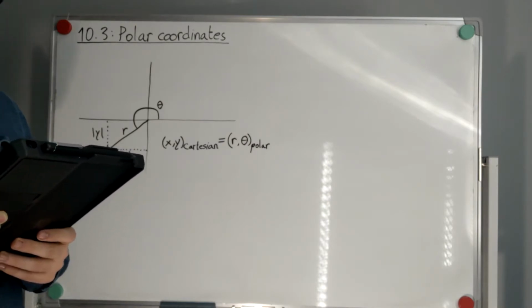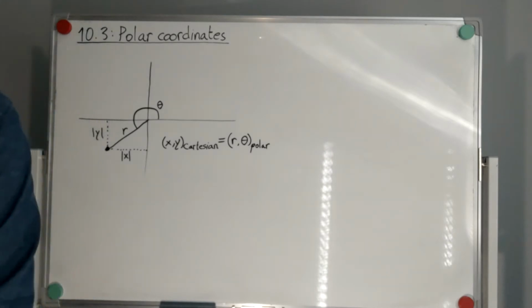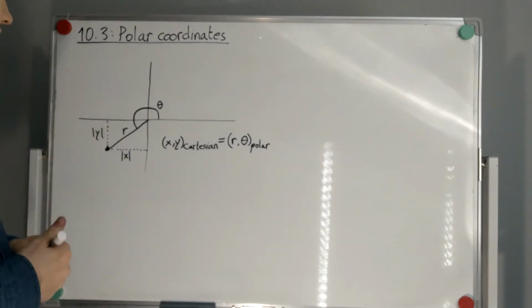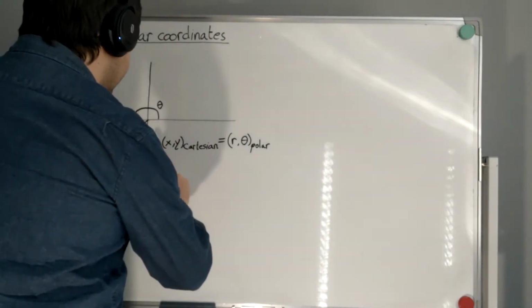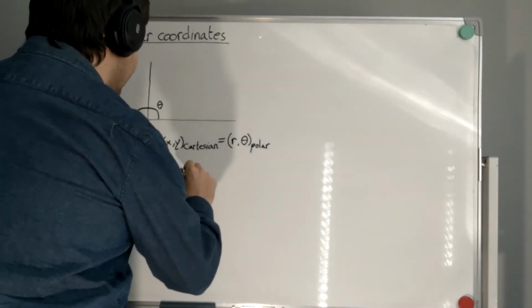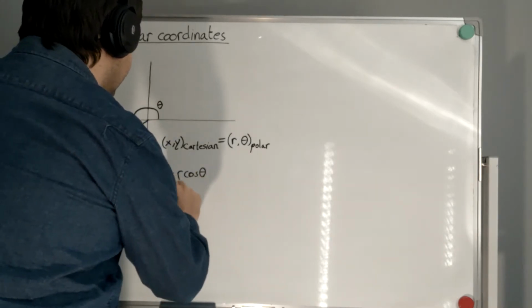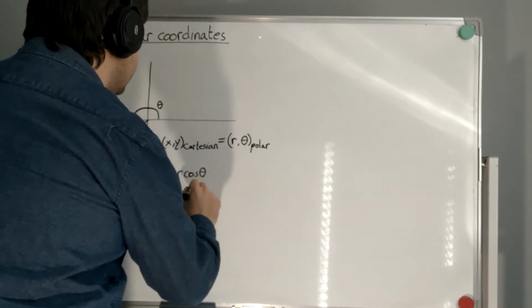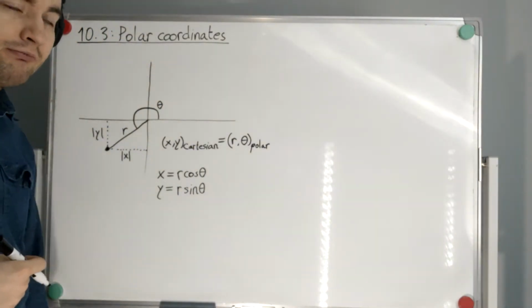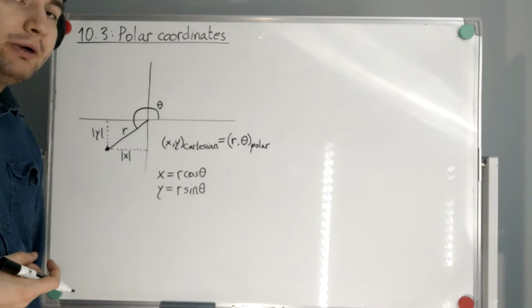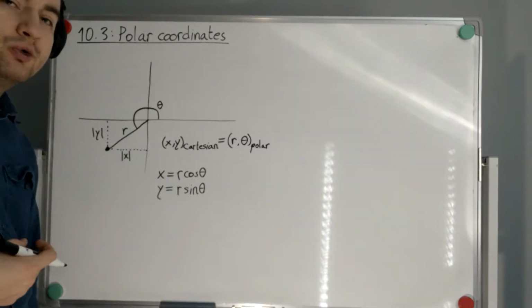Okay? Now, as you might notice from the diagram, x is r cosine theta, and y is r sine theta.